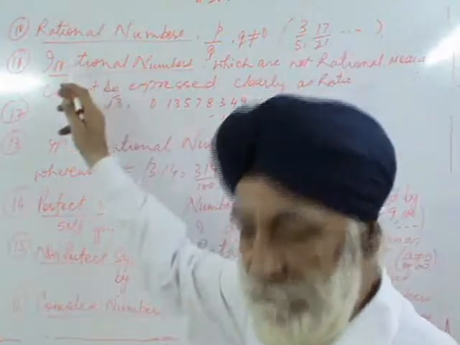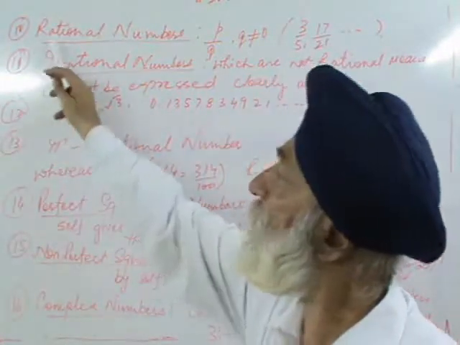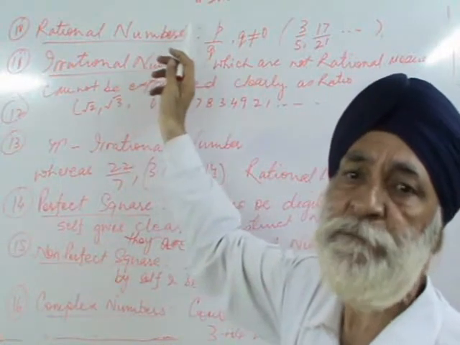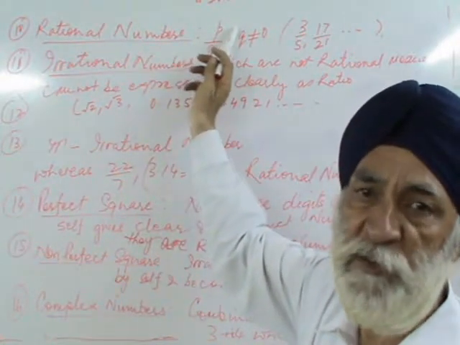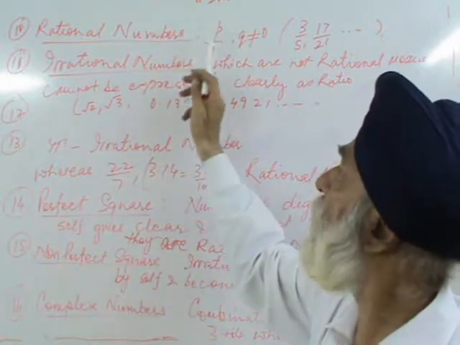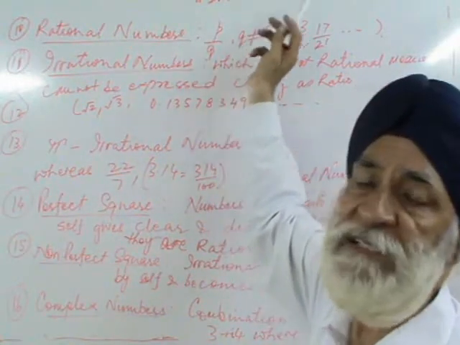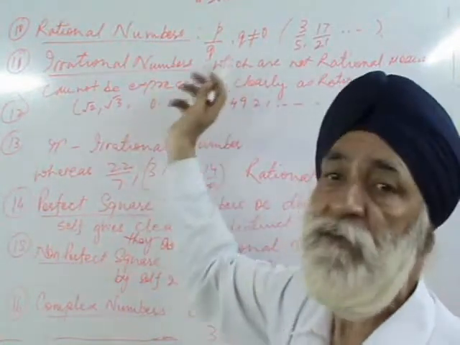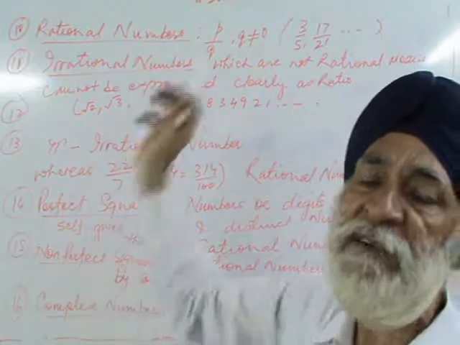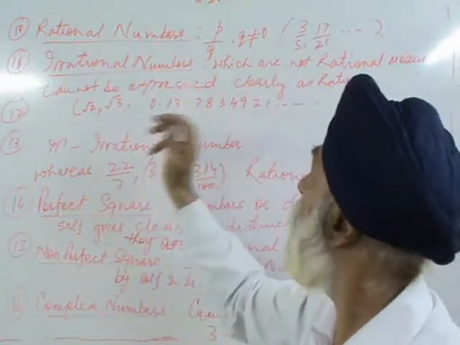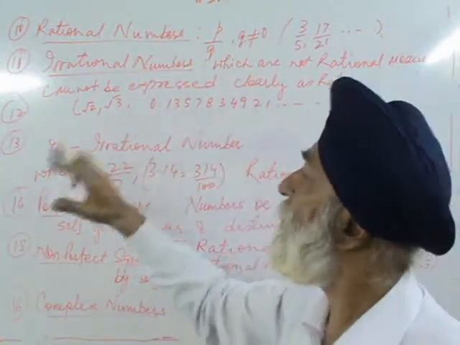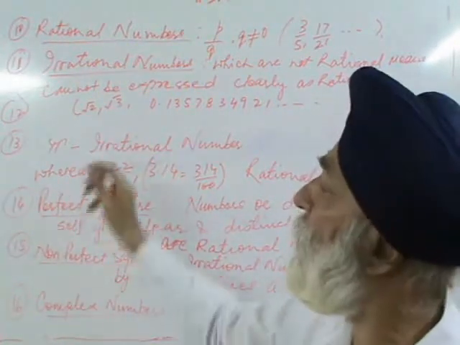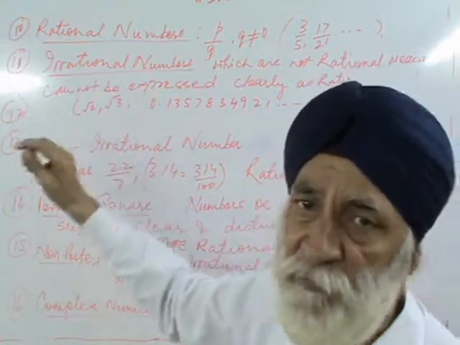Some more numbers. I have written some more numbers, like rational numbers. These can be expressed as P upon Q where Q is not equal to 0. It means in the form of a ratio, like 3 by 5, 17 by 21 or others. Irrational numbers are those which are not rational, meaning they cannot be expressed as a ratio clearly. So like root 2, the square root of 2.